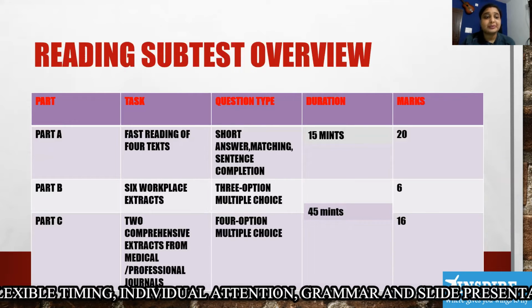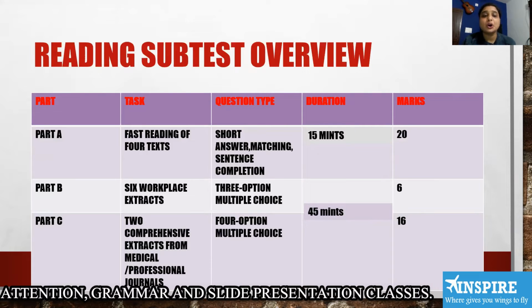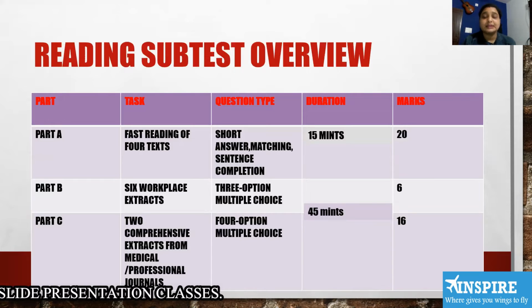Then Part C. The task is two comprehensive extracts from medical or professional journals. The question type is four-option multiple choice with 16 questions, so 8 each for the 2 long passages. After these 45 minutes, you will complete your reading task. The total duration given for the OET reading subtest is 1 hour.